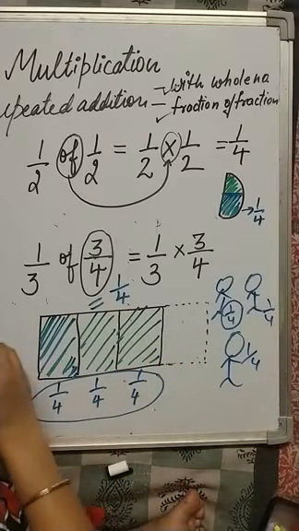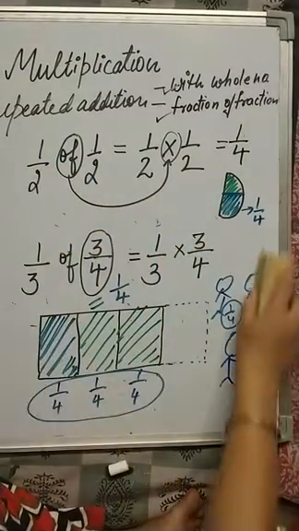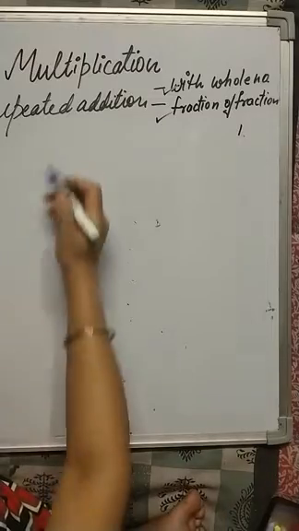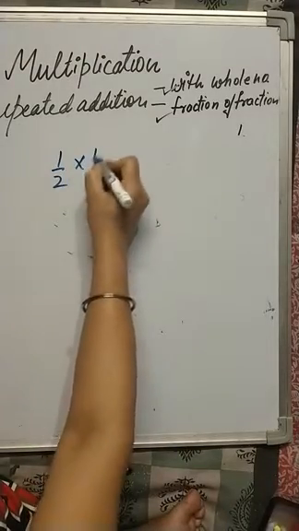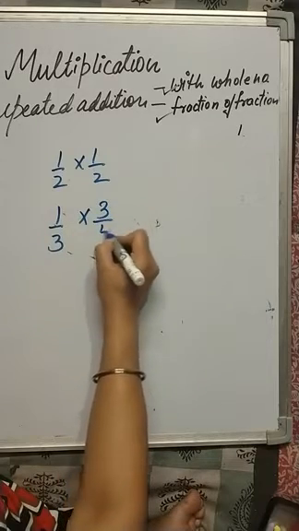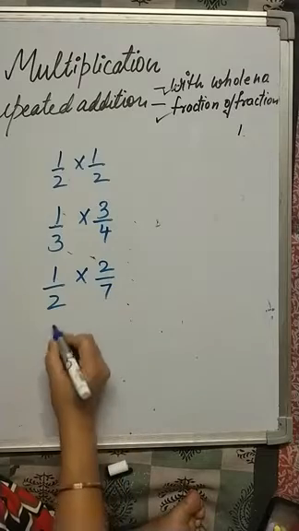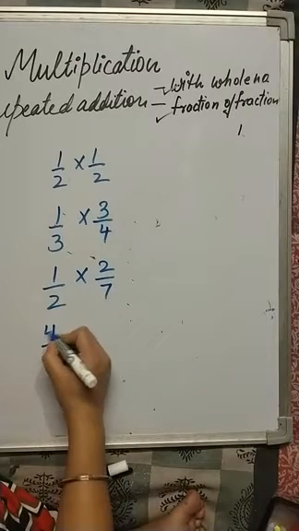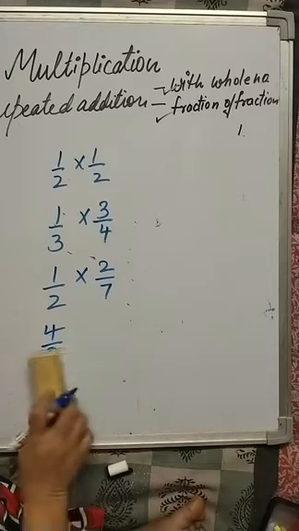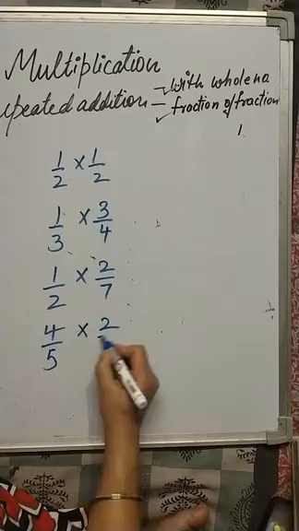So what is the pattern again here? Let me write it more clearly. We have done half of half, 1/3 of 3/4, 1/2 of 2/7, 1/2 of 4/8, 4/5 of 2/9.